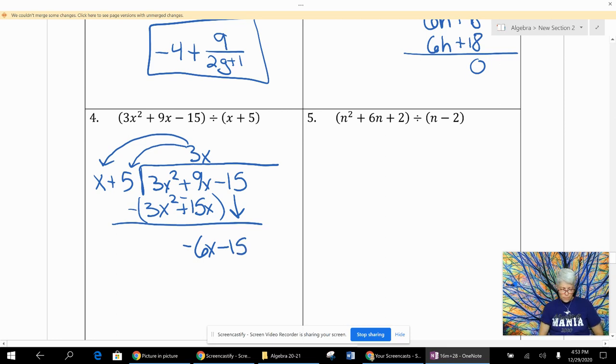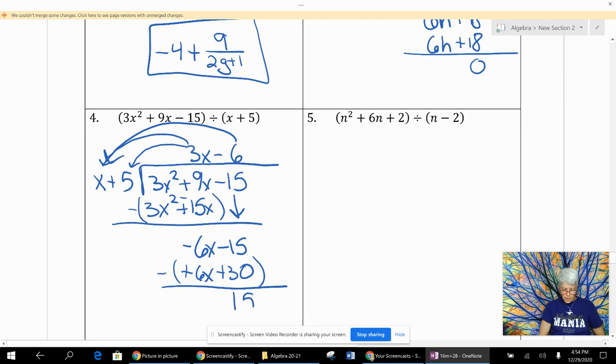Okay. x goes into negative 6x negative 6 times. Coming back, negative 6x minus 30. Remember, changing everything. So this is now a positive 15. Done, because x doesn't go into 15.